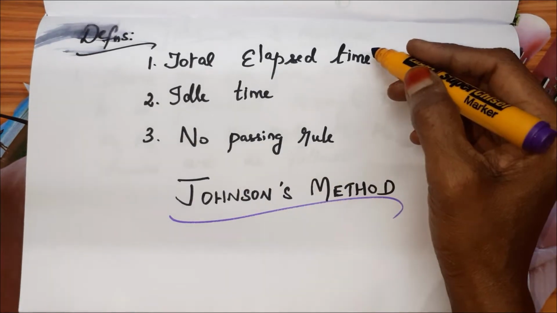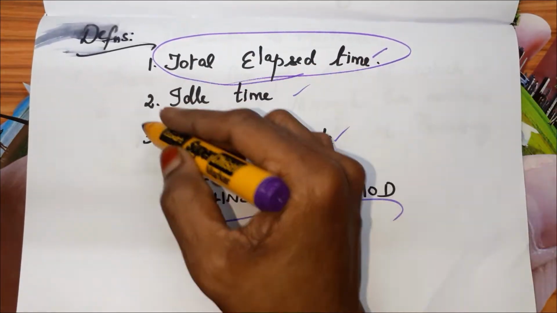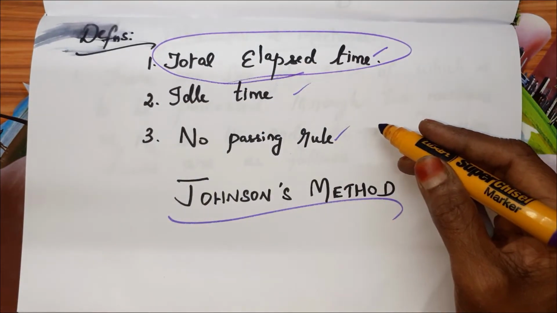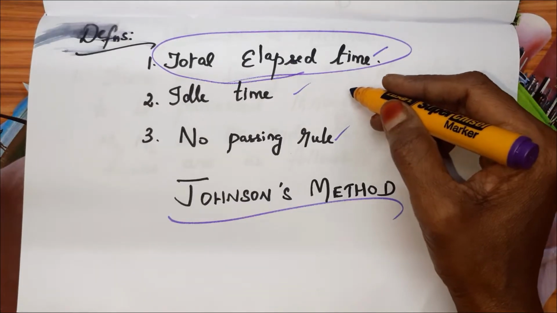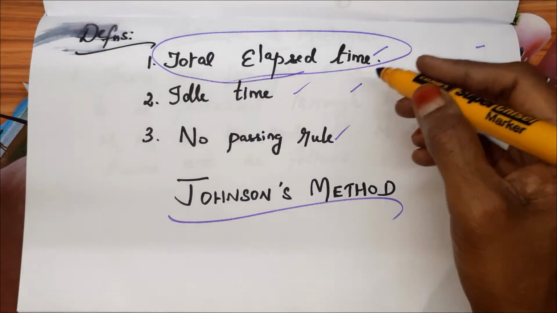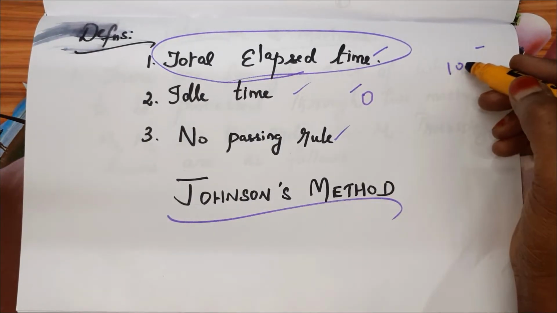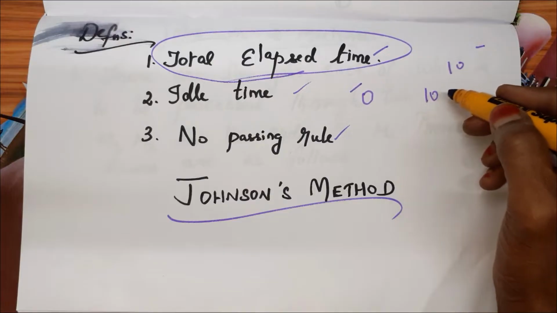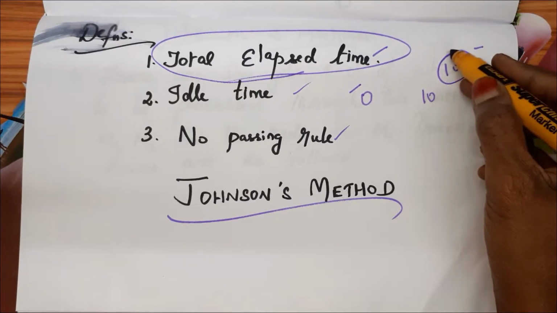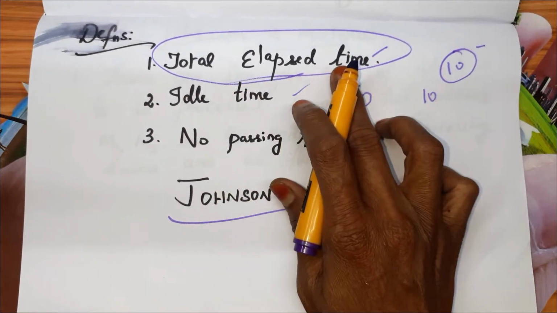Okay. Before that, let me explain these three definitions. The total elapsed time is nothing but the difference between the starting time and the final ending time. For example, if I start from 0 time and end at 10 hours, the total elapsed time is 10 hours. So the time when we complete all the jobs is called the total elapsed time.